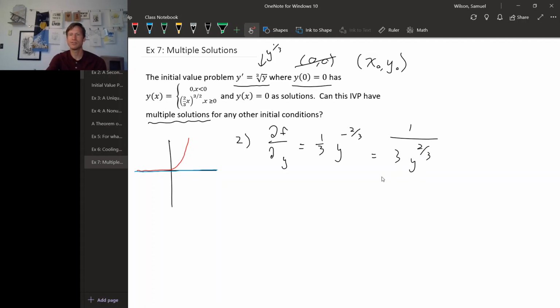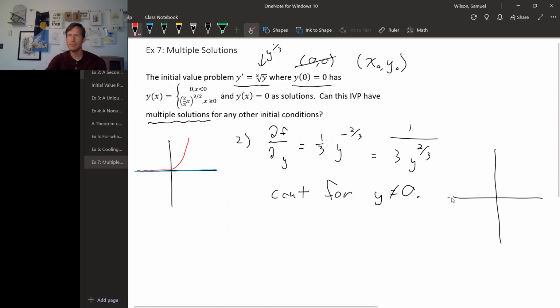3y to the 2/3. And this is continuous on most of the xy plane, but not the whole xy plane. This is continuous as long as y isn't 0. So if we draw a picture of the xy plane, to get unique solutions, our initial condition has to avoid this line y equals 0.